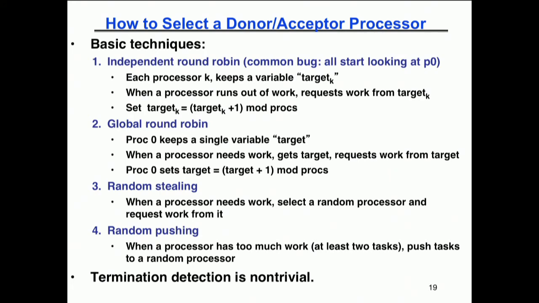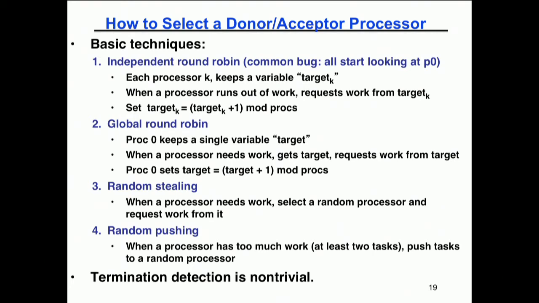The other thing you could do, which might be better in the sense of giving you better load balance, is to have a global counter that keeps track of where the round robin is at, because now every processor, when it comes to look for work, is going to look at the last place plus one that another processor just looked.